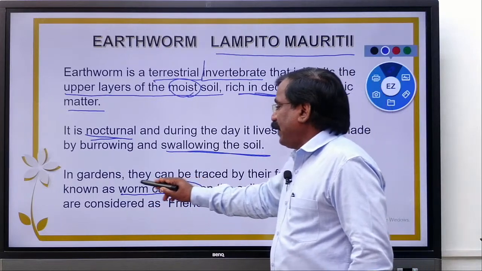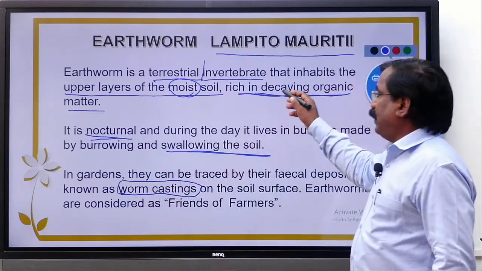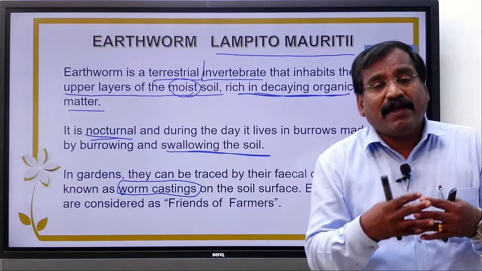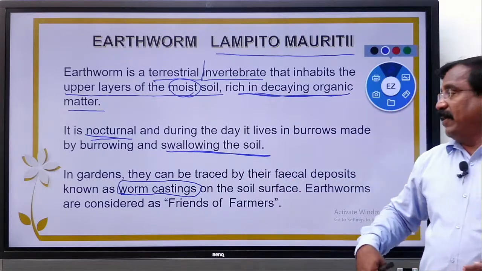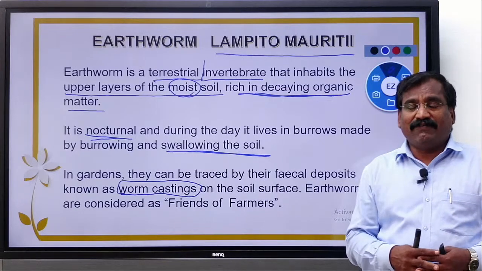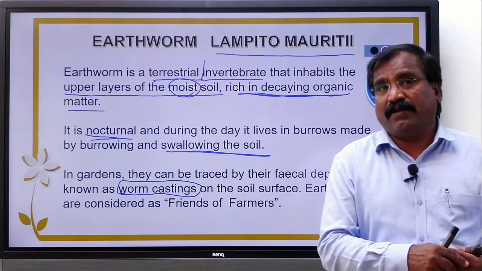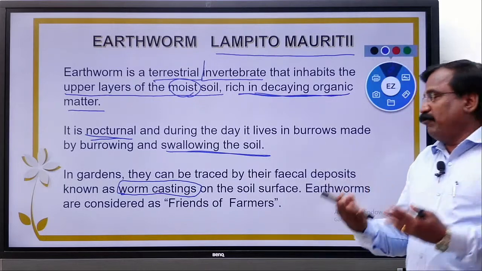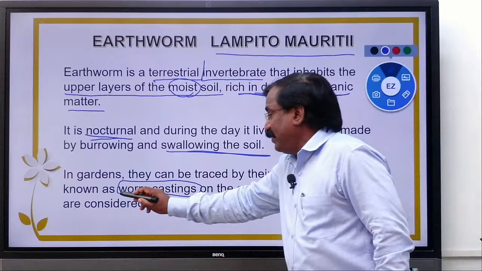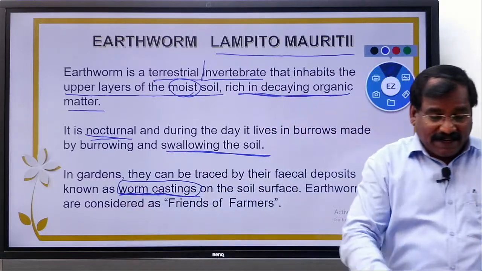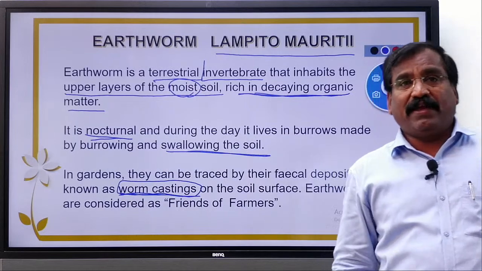The undigested waste material, the fecal matter, is technically called worm castings. Worm castings enrich the soil fertility.